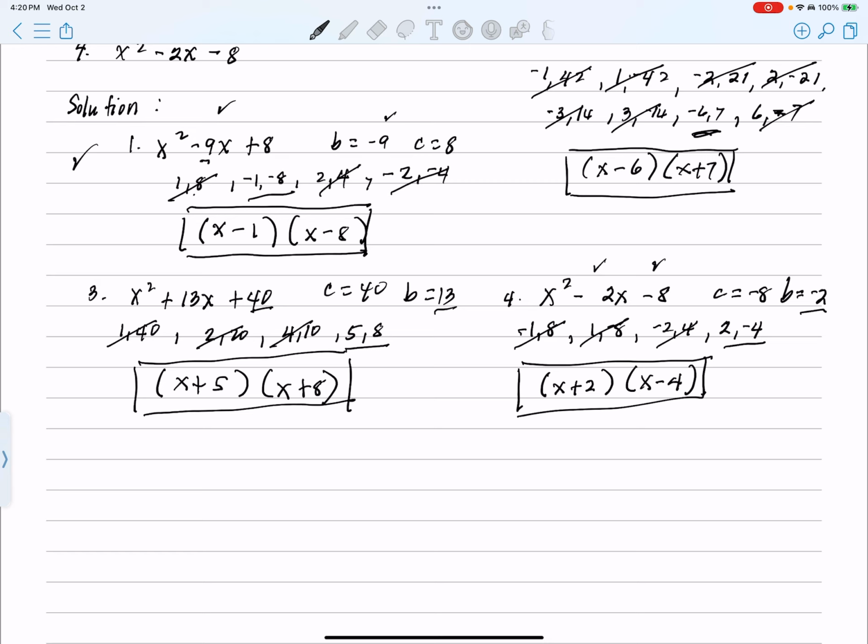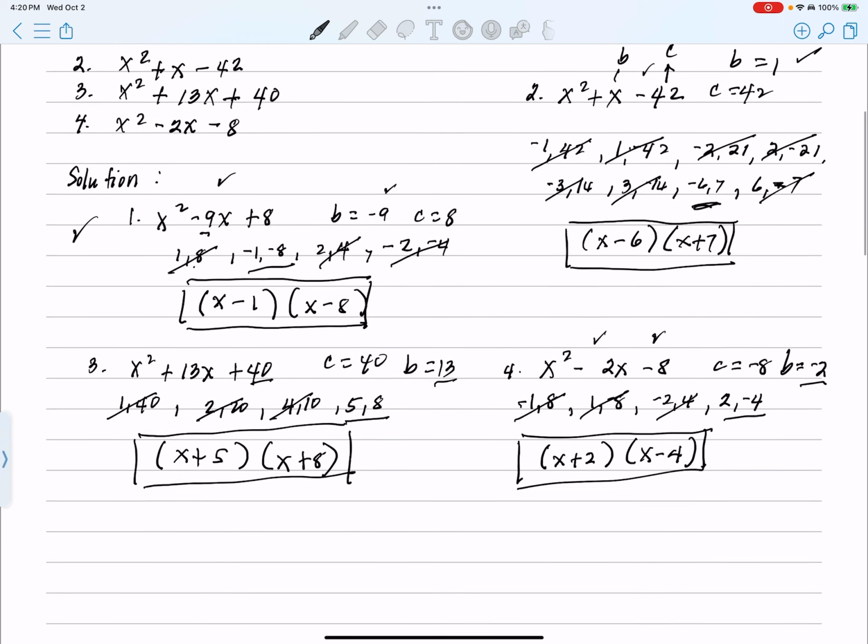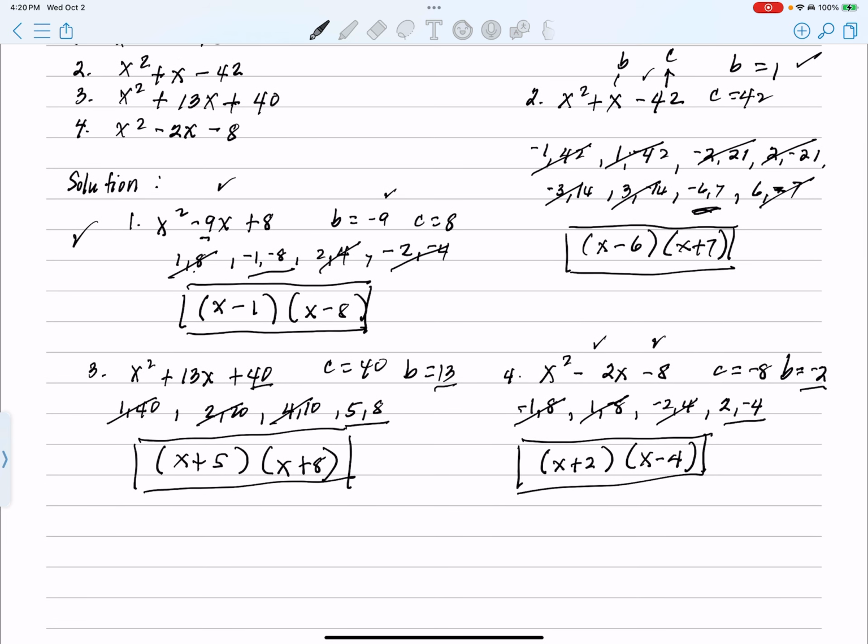If our last term is negative, one of the pair is negative. All positive, that means in number 3, all plus. And in number 4, if you have two negatives, one is positive and the other one is negative.